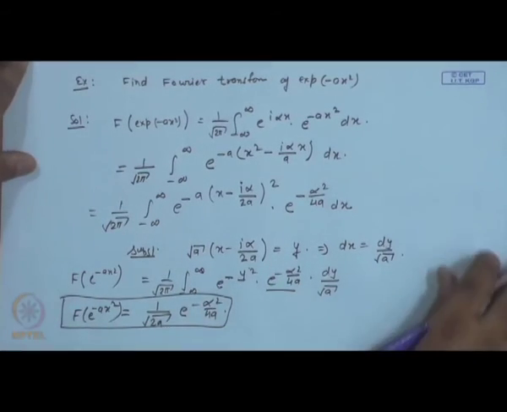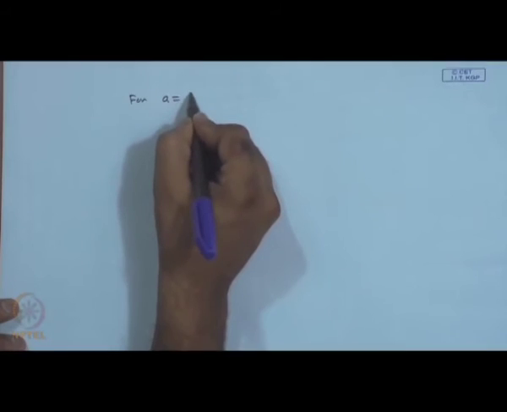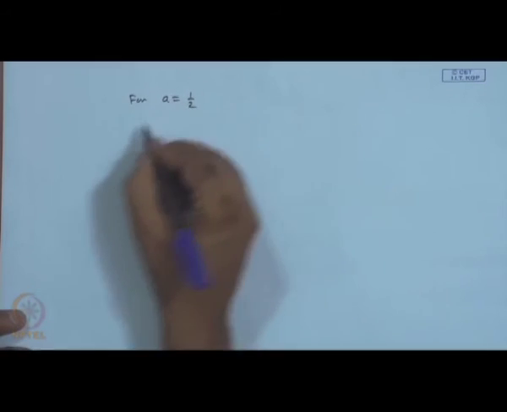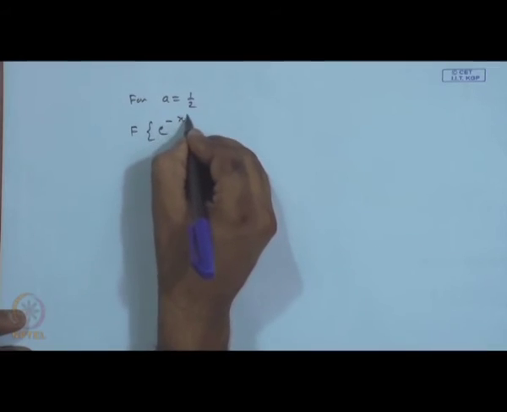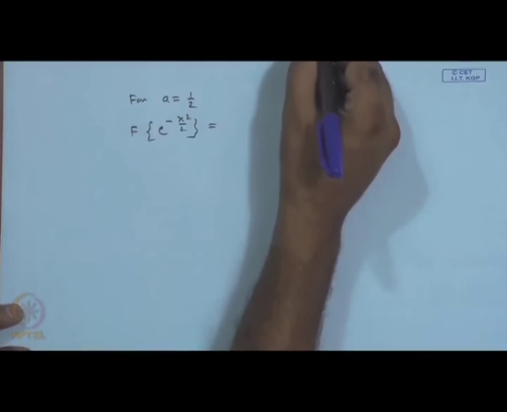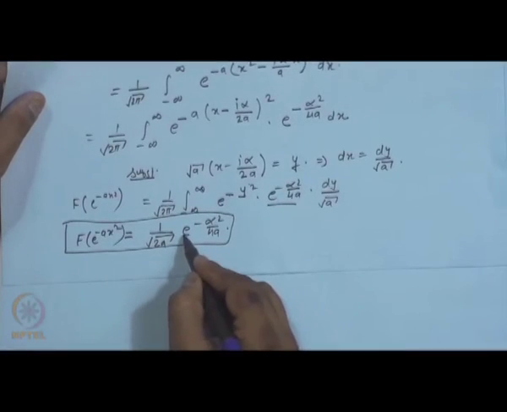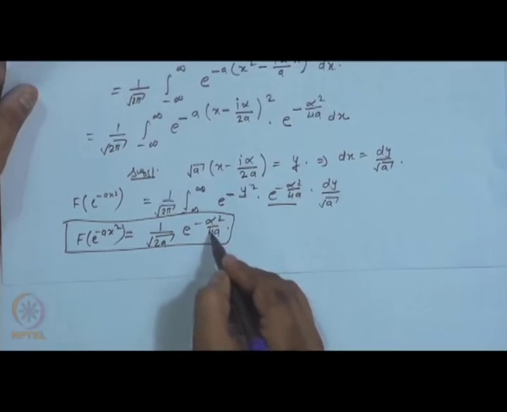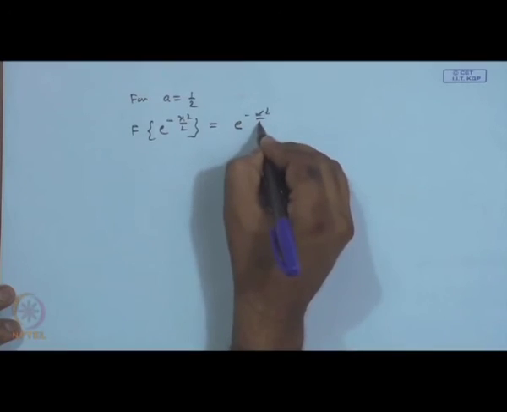And just to note that if we take a is equal to half here, what will be the result? E power minus x square by 2 will be, a is half, so this term is gone now, so e power minus alpha square over 2, e power minus alpha square by 2.